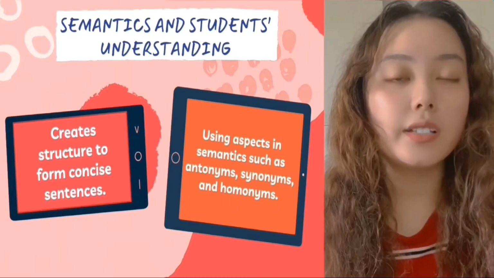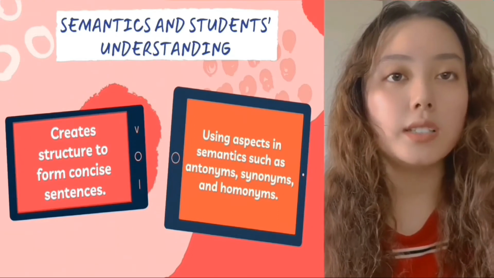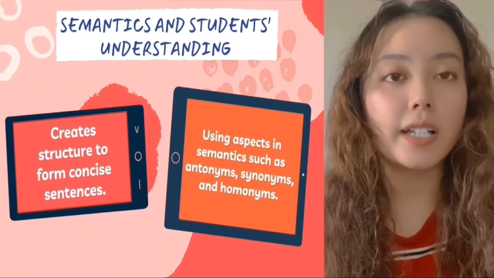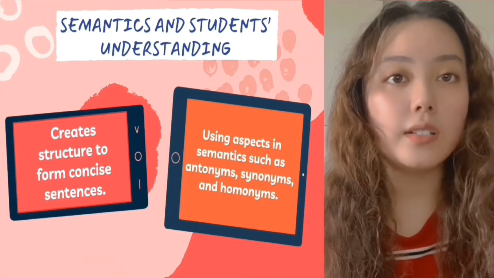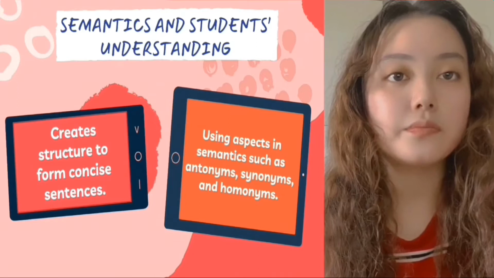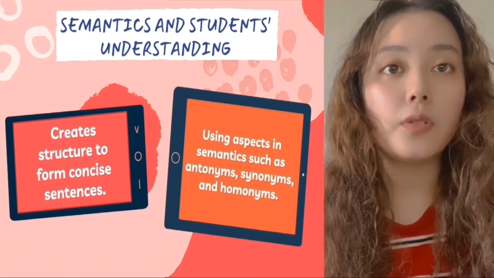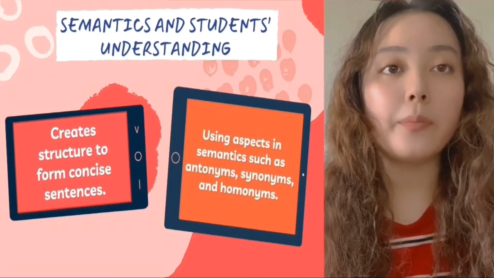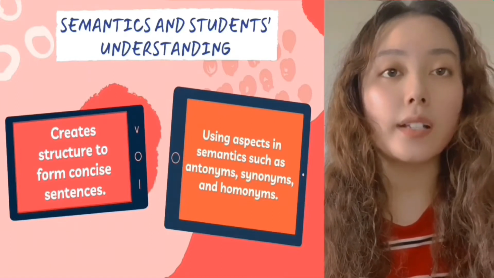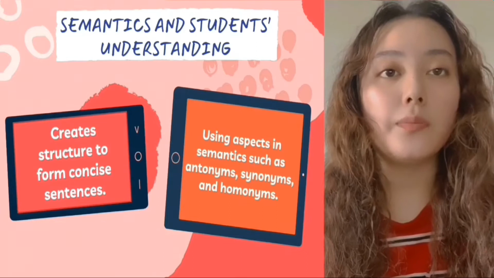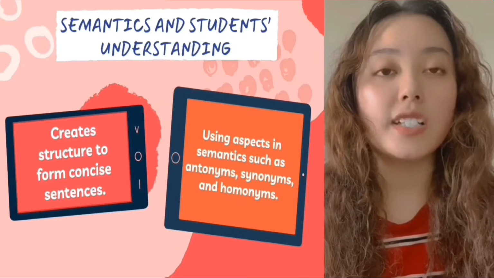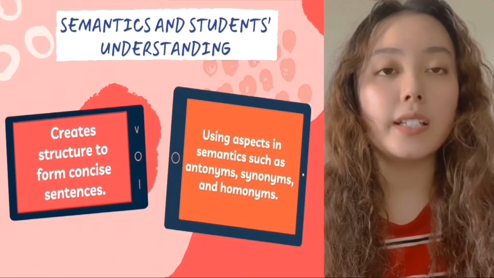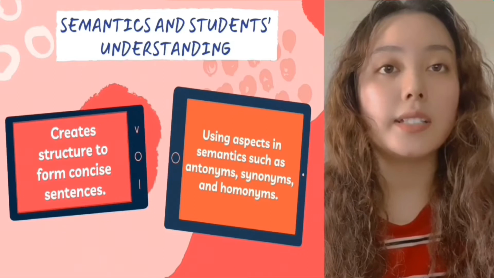When teachers teach the word beautiful, the students can know that its opposite is ugly, which will increase their vocabulary and help them understand the words better. As for synonyms, they can also increase students' vocabulary, because the same meaning has different words, just like good and nice are synonyms.